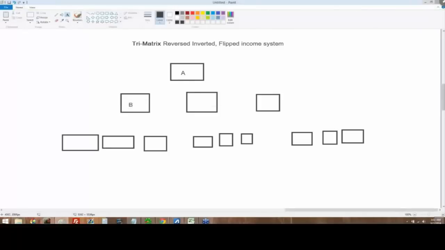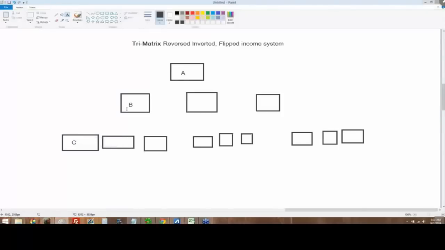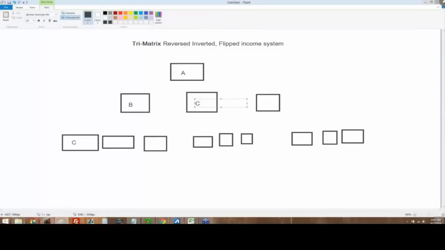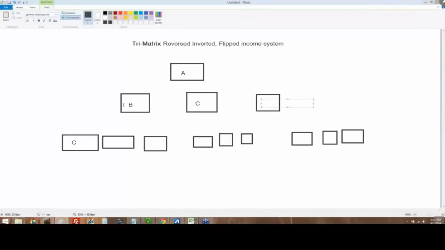Then B refers C. Now, in the common systems of the world, the used and abused and often redone systems, when B refers C, C goes in this position under B. But in Options Domination, C, instead of going under B, goes in the next available spot in the company, which happens to be here. It's not under B, it's the next open spot in the company. Then let's say B also refers D, and D goes in the next available spot in the company.